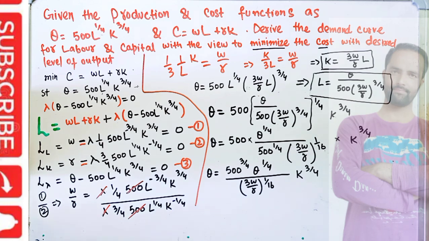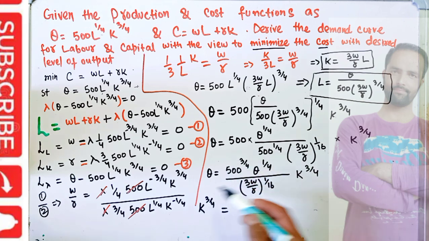Now since we have to solve for K, I can write it like this. We have here K^(3/4) is equal to, transposing this, it will get divided.